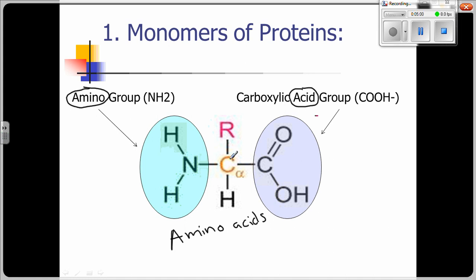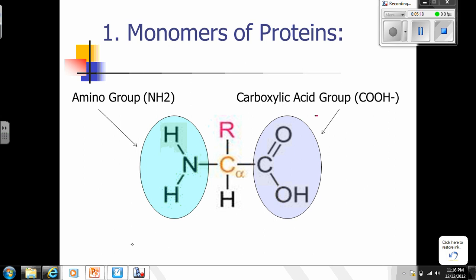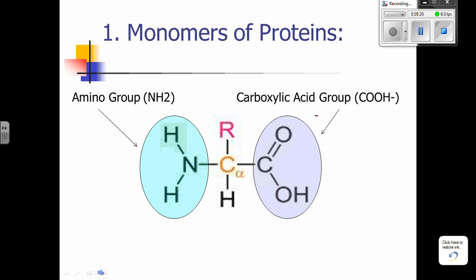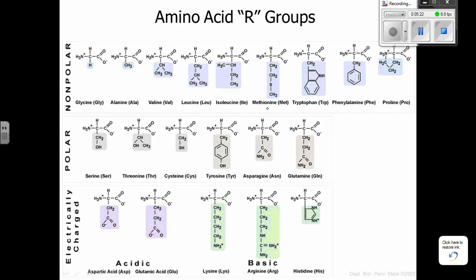Another important part about amino acid monomers is they have an R group here, which we'll talk about in a second. An R group is different because there are 20 different amino acid monomers, and each of the 20 has a different R group attached to it. So here are those R groups.